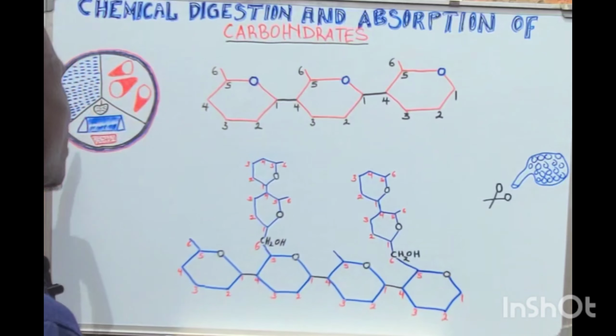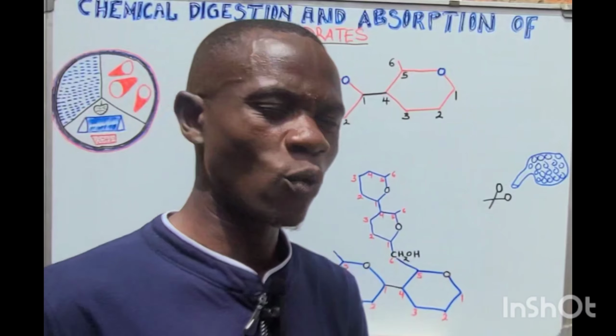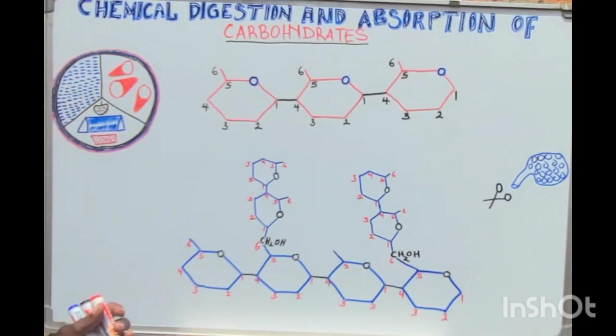We want to see which kinds of carbohydrates we are able to acquire from all these substances on this plate.